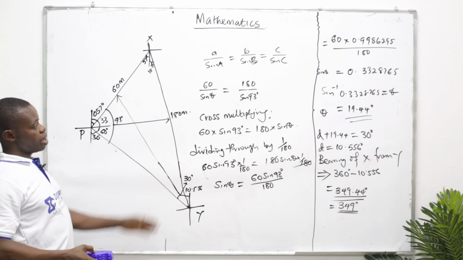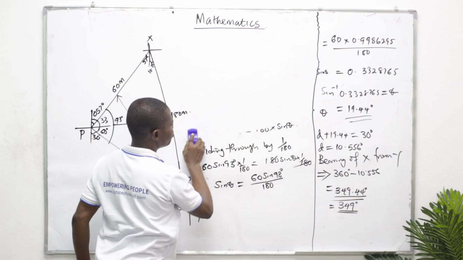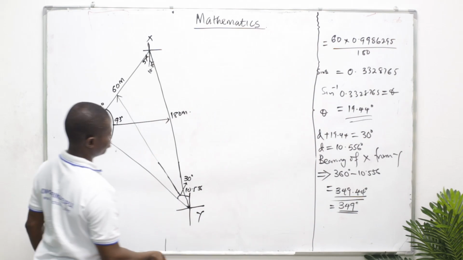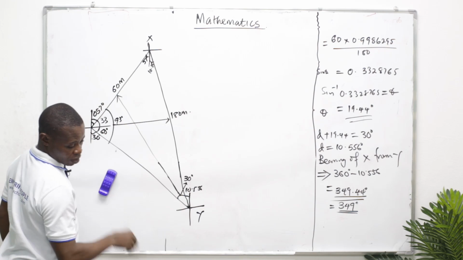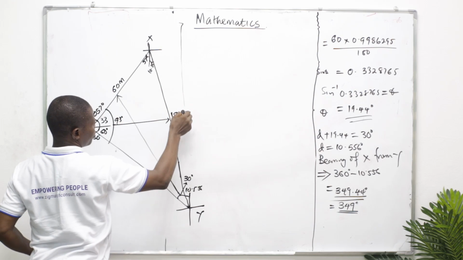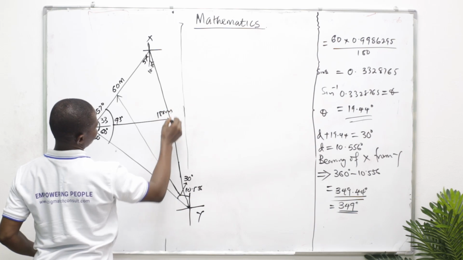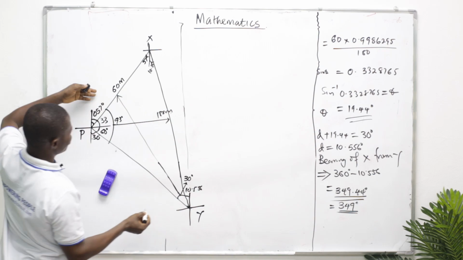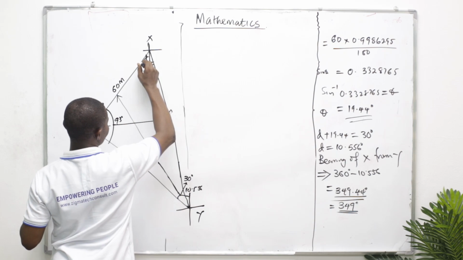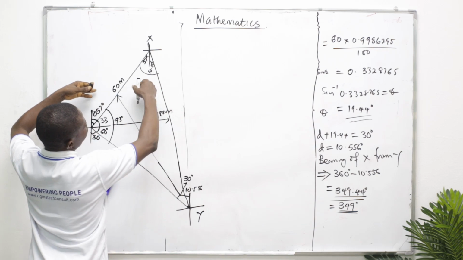So I'm cleaning here and wiping it so that we can solve for the distance between P and Y. We have made use of the sine rule. So the next is what? Cosine rule. But you must know your angle. Two sides are given already with one included angle.